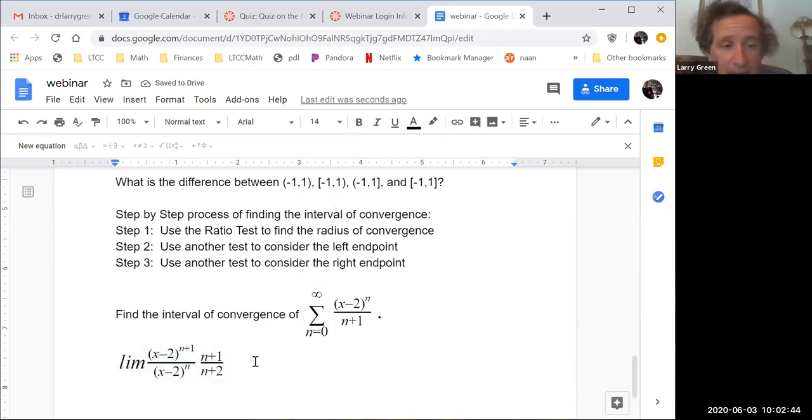Any questions on that so far? Okay, oh, by the way, something I need to do, and this is important. The ratio test involves absolute values.